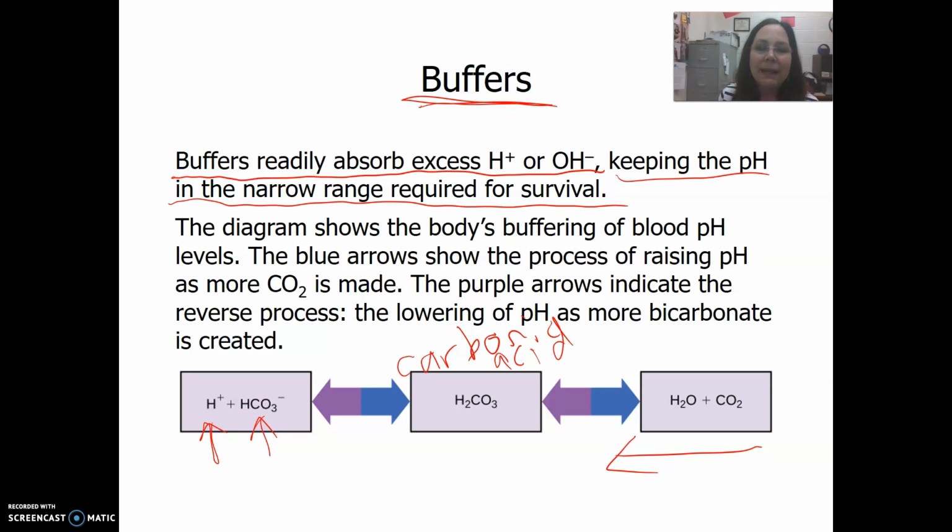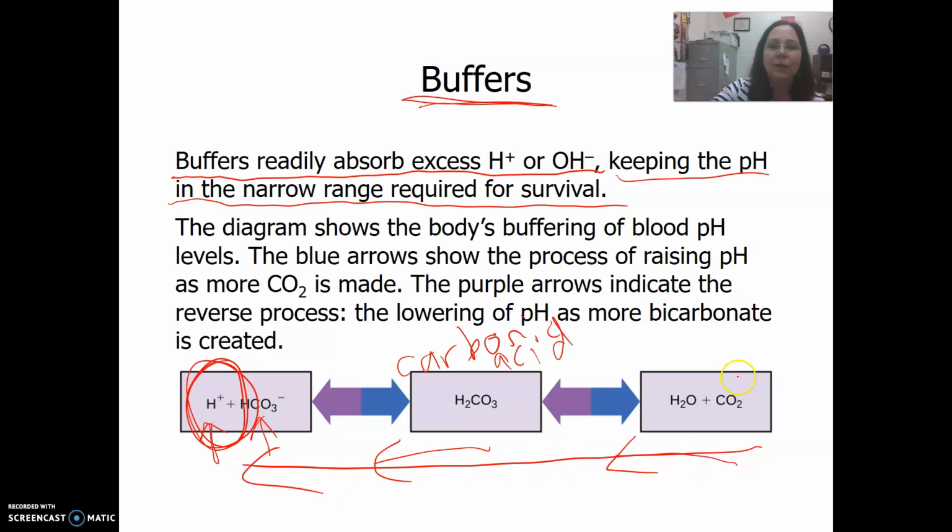Now, bicarbonate ions by themselves could raise the pH, but because this is splitting up and releasing hydrogen ions, when the reverse reaction, meaning going from the right to the left, occurs, the pH is lowered. It lowers the pH. It makes the blood or the body fluids more acidic.